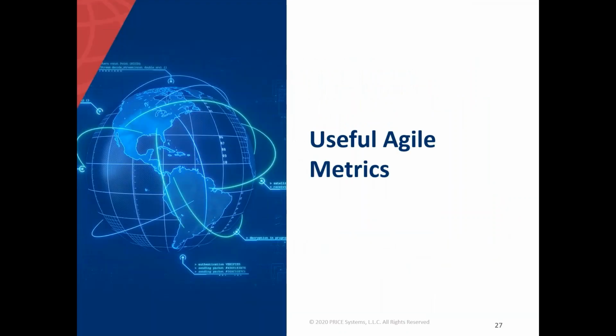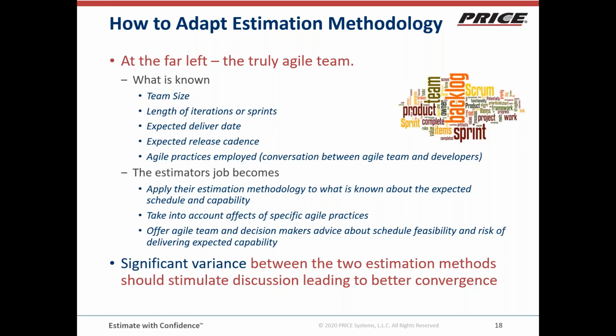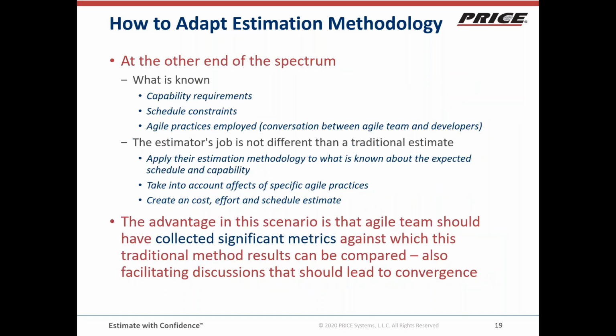So the far left, what I meant is that at the far left, you're working with a truly Agile team. At the other end of the spectrum, which is not necessarily all the way to the other end, you're working with a team that is going to be Agile or going to adopt Agile practices, but are still going to have some constraints that you wouldn't have in a truly Agile environment.